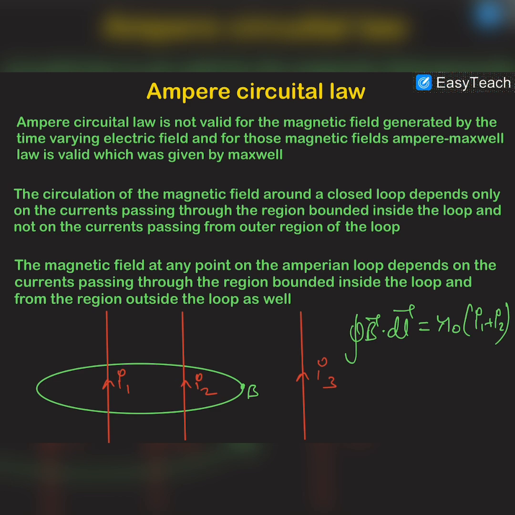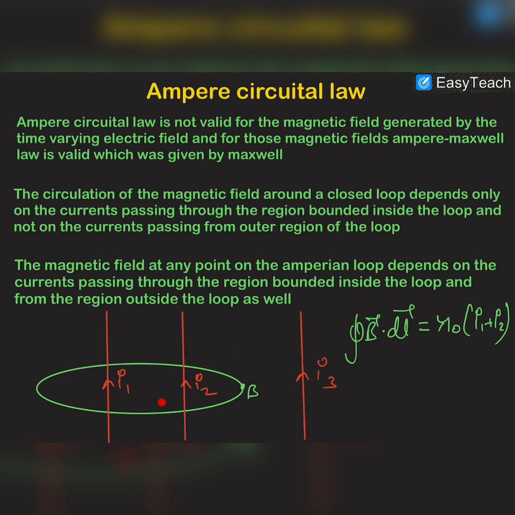This is obvious. So we cannot say that the magnetic field at this point on the Amperian loop will be due to the currents which are bounded in the loop. This is wrong, and therefore we cannot find out the magnetic field at this point by using Ampere circuital law for this situation.